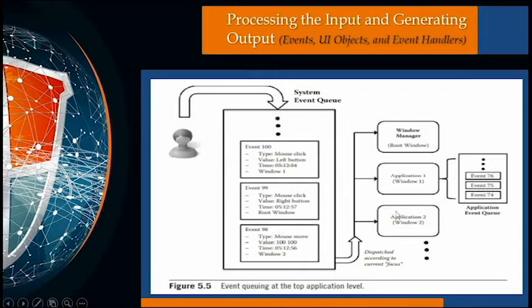So from this figure, the event, which contains this information, is queued by the operating system, then dispatched according to the current window focus, and then it goes to the corresponding handler. So that's the explanation for this.